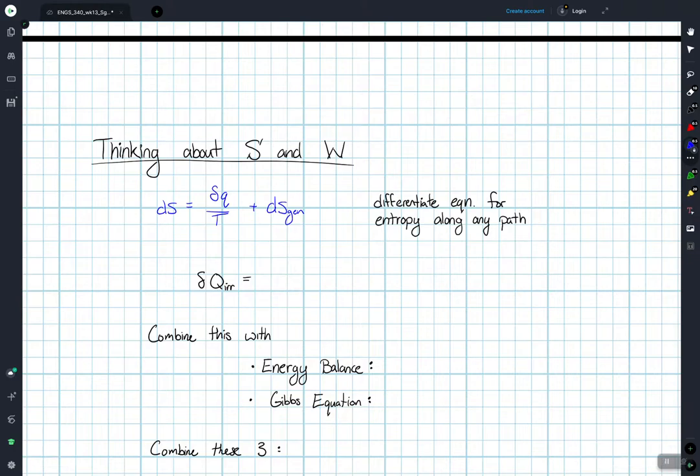Or we could rewrite this as dq of our irreversible path. So this is q of irreversible.